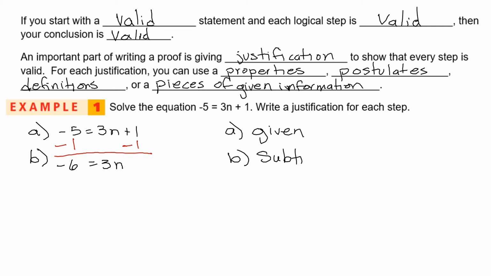It's the subtraction property of equality. And yes, you can use the shorthand here. I'm not going to because it confuses some people. So, just so you know. And again, we got that subtraction because that is what we did to get to that step.